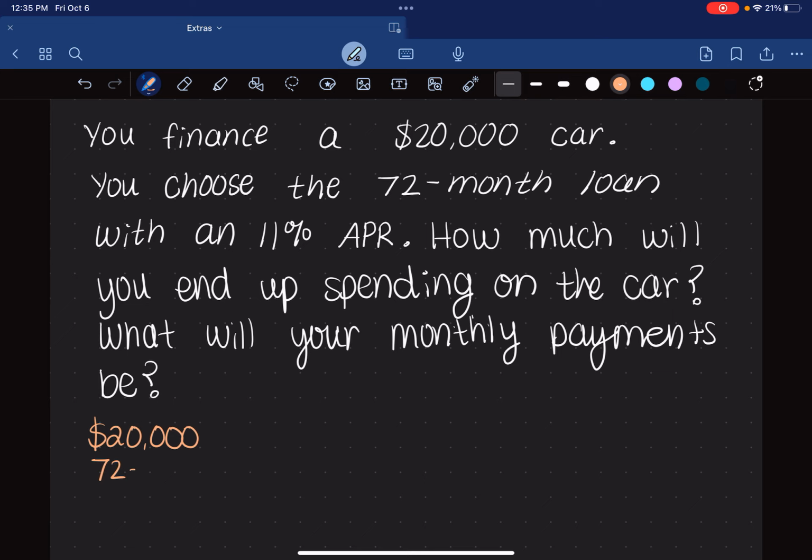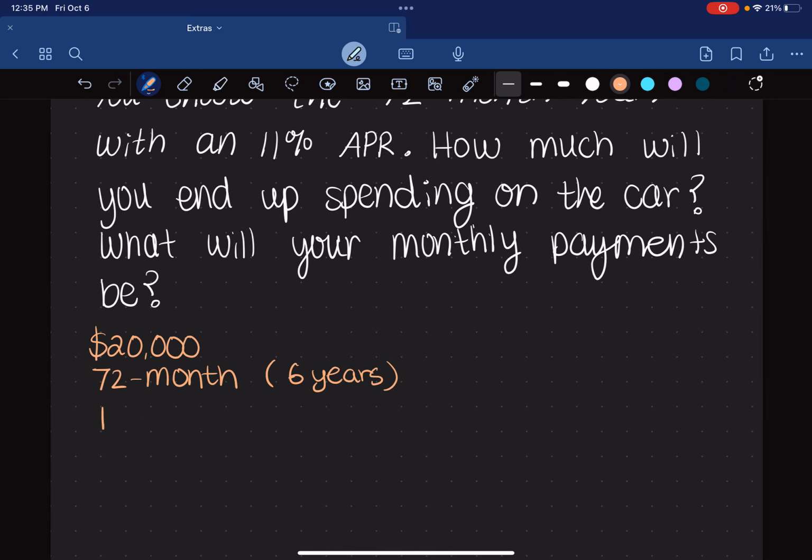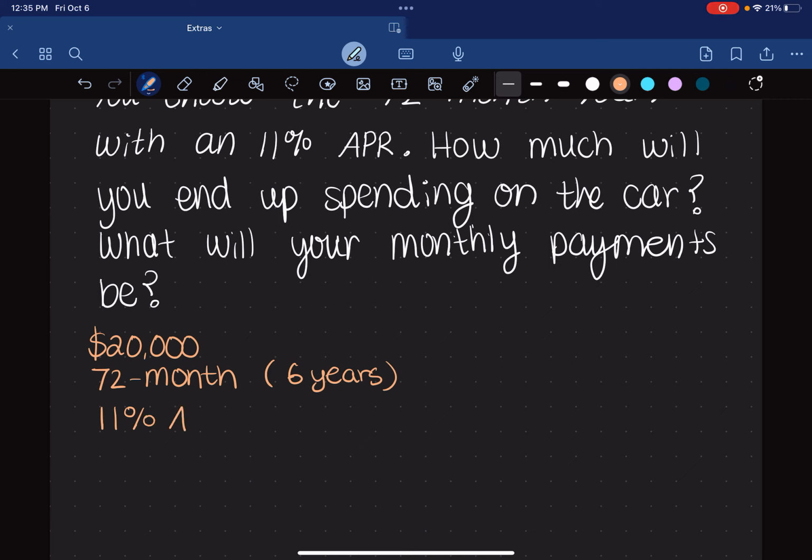We have a 72-month loan, which is 6 years, right? 72 months. If you take 72 divided by 12, you get 6. And then we know that we have an 11% APR. So this is yearly. This is our annual percentage rate.